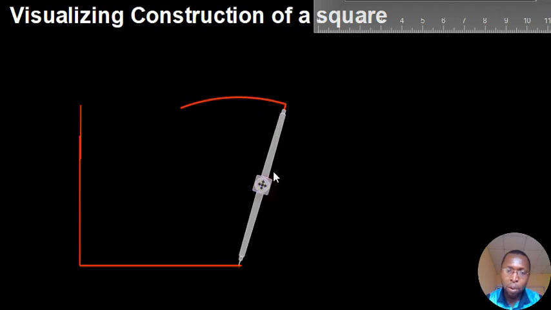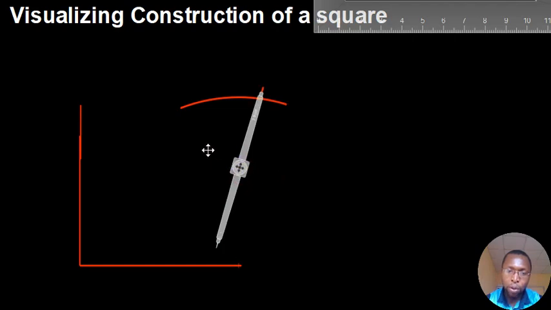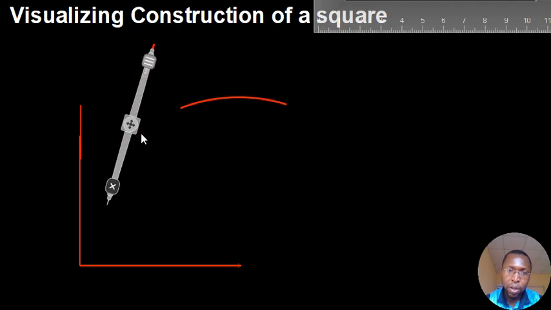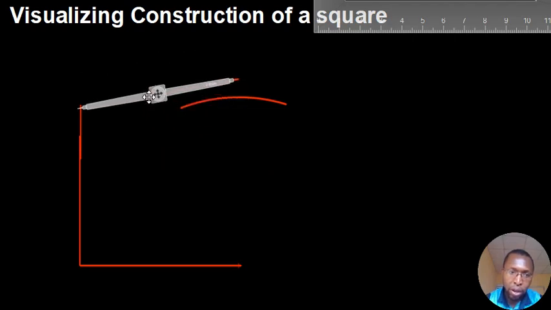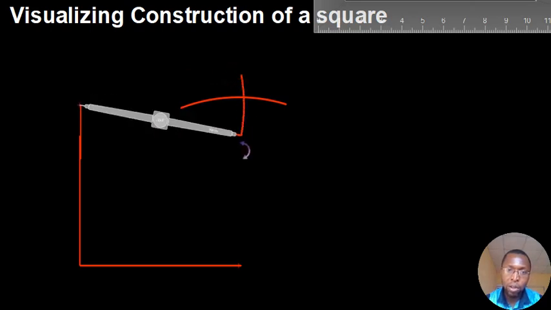Again, I move my compass to the other edge of the second line I drew, the perpendicular. Then I can make another arc to intersect the first arc I've drawn.